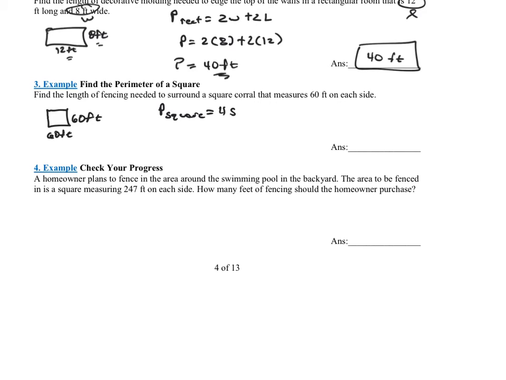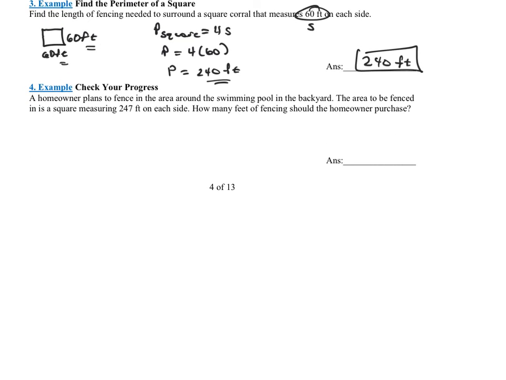Well, it's 4 times the length of the side. And 60 feet is the length of the side. So I've identified my variable, I've written my formula, now I can just plug it in. The perimeter would be equal to 4 times 60. 4 times 60 is 240. Again, it's just the unit, so we have to have feet written here. So the final answer would be 240 feet.